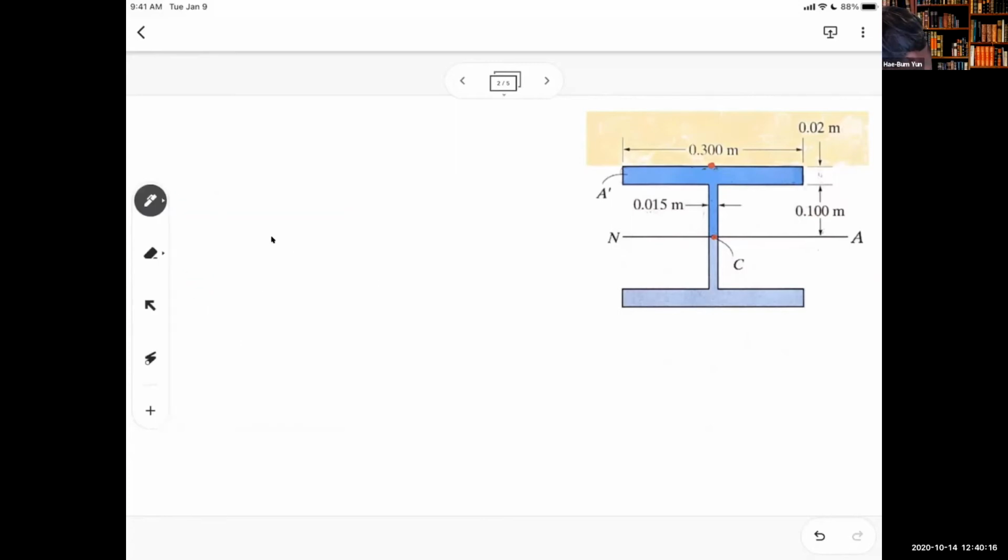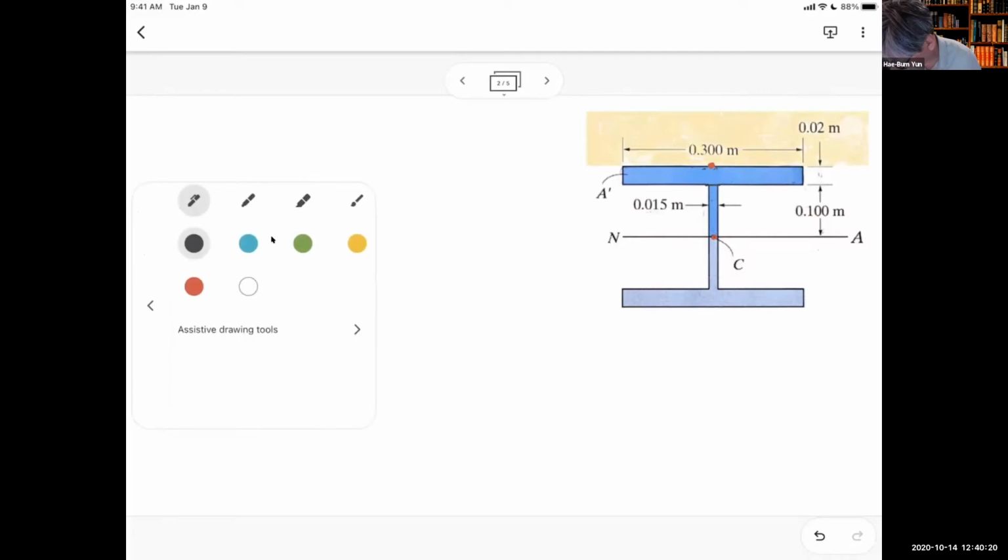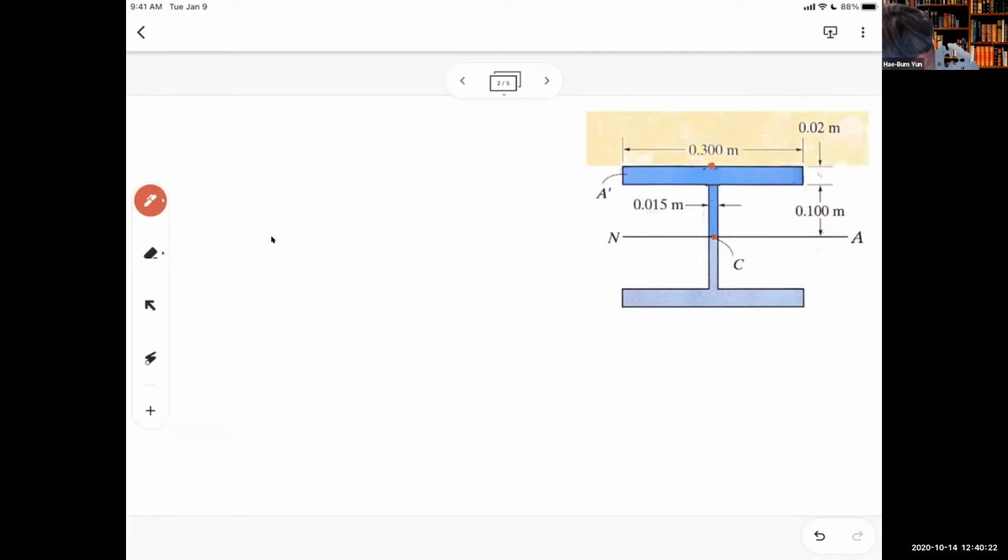So we have this web, and we have one right above this flange and web interface. Second is right below that interface, okay?